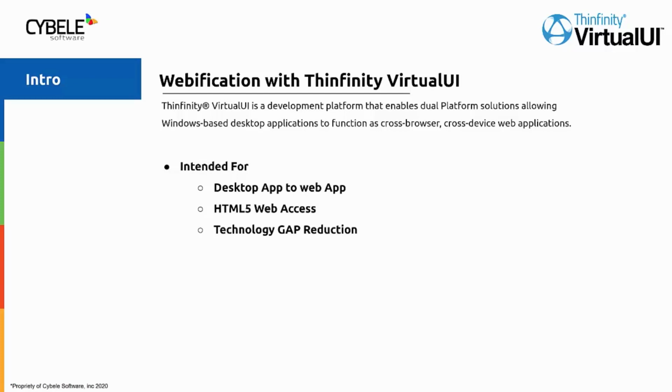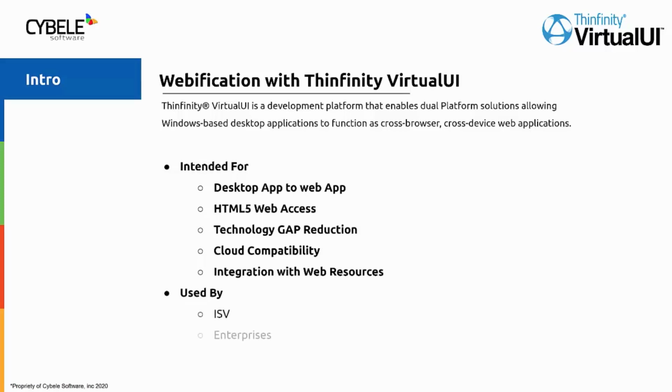It is intended to reduce the technology gap between your application and the newer technologies and platforms by providing cloud compatibility with any public, private, or hybrid cloud, and integration with other web resources, such as authentication methods or web components. Thinfinity VirtualUI is an adaptable solution that can be used with all types of applications and in every kind of scenario, from small implementations to massive deployments with thousands of concurrent users.